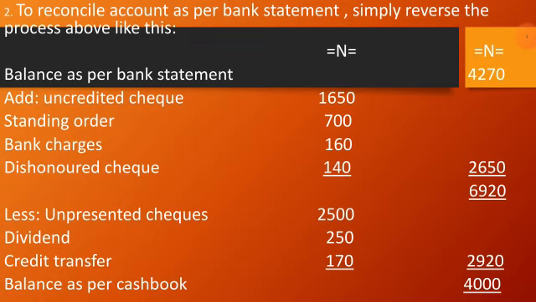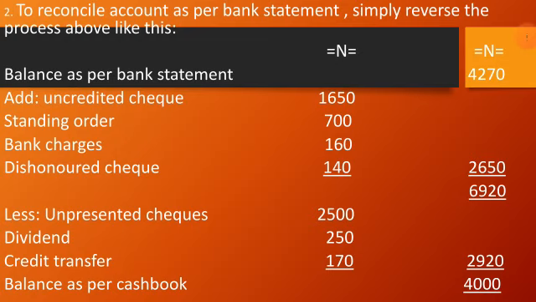Now, to reconcile account as per bank statement, like I earlier explained, simply reverse the process above. Now you need to get your balance as per bank statement. If you look at the reconciliation we just did, what we got at the end of the day was 4,270, and that stood as balance as per our bank statement.